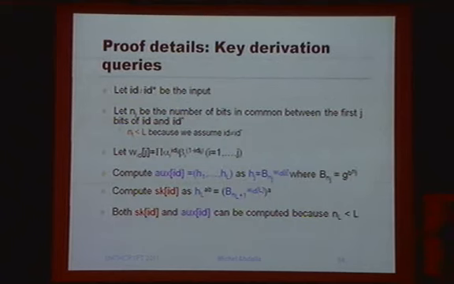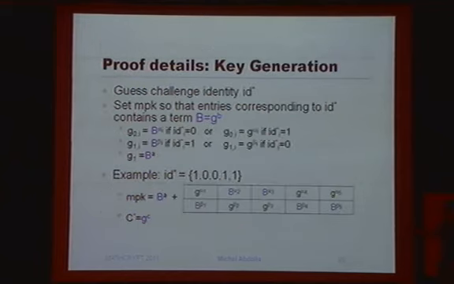But essentially, we can compute the secret key, and all the elements here, and we can also compute SK ID, because SK ID is H_L raised to the power ab, because we computed G1 is g to the a, so this is g raised to little b times a.